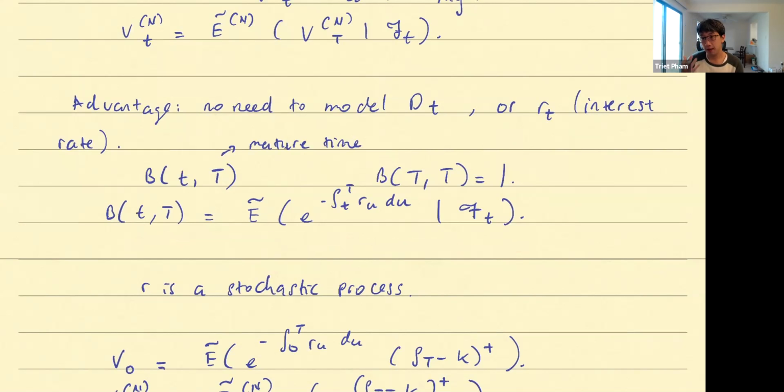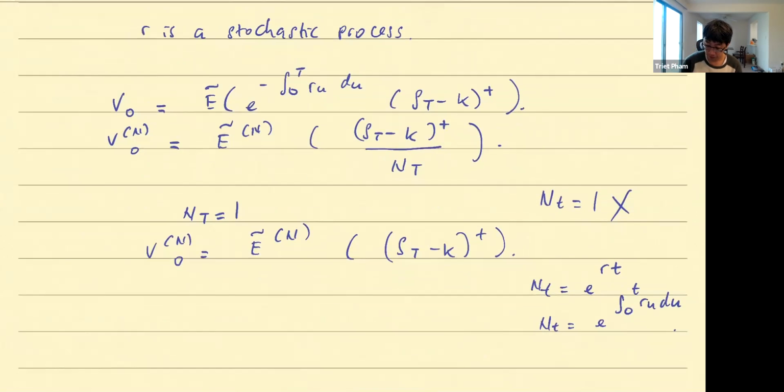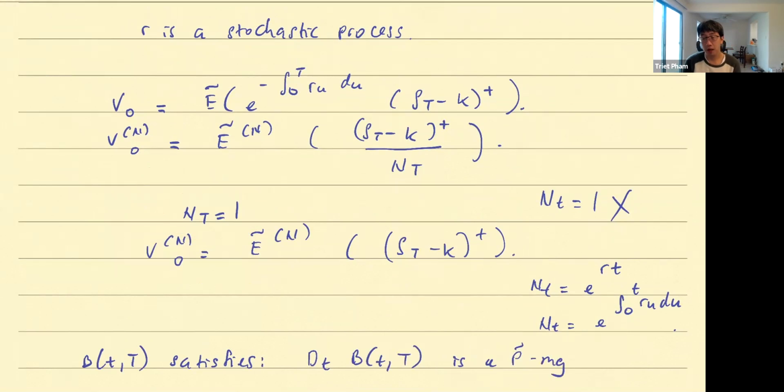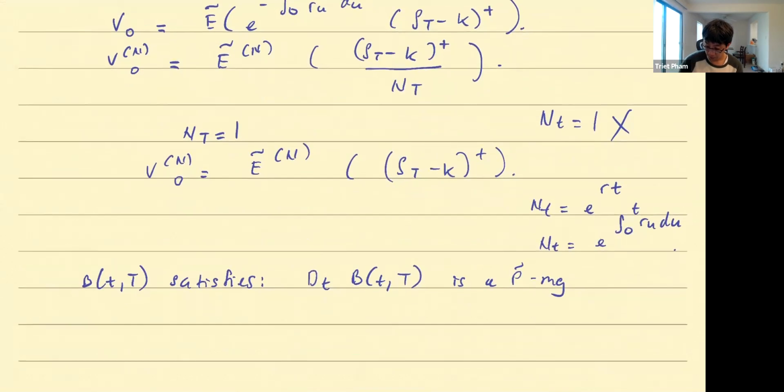So the bond is exactly that numeraire. So B(t,T) satisfies that the discounted bond price is a martingale, if you really want to go with the martingale setup, or I just prefer to say the bond price is a fair price process. Also, by definition, at maturity it will converge to 1, the face value.